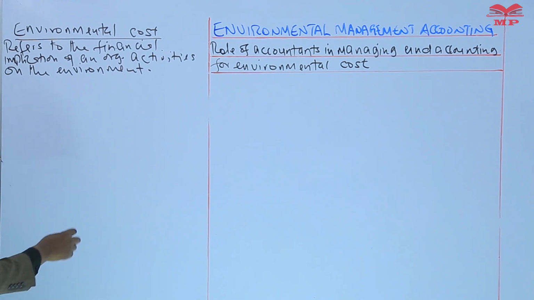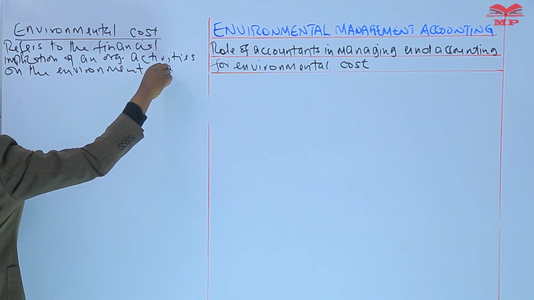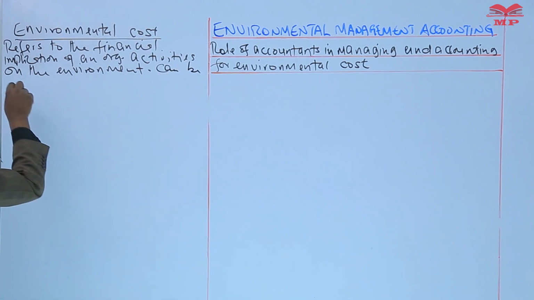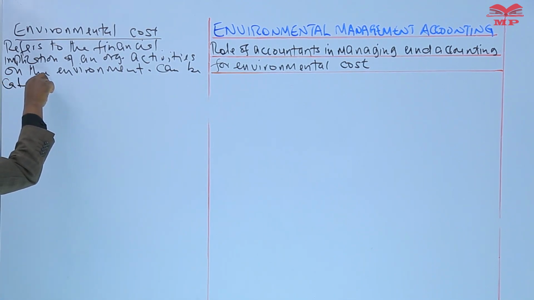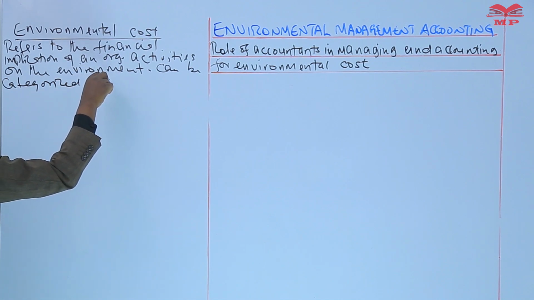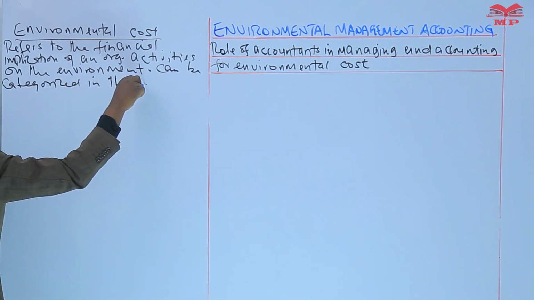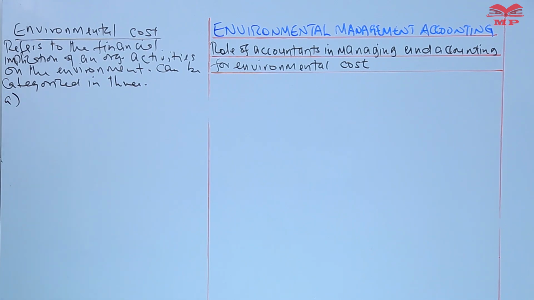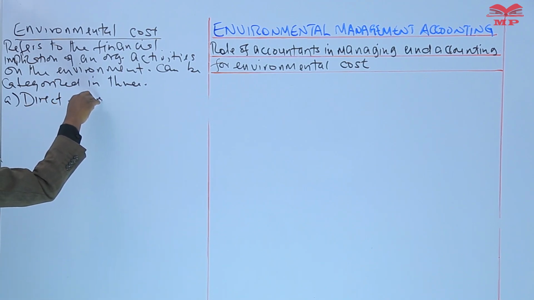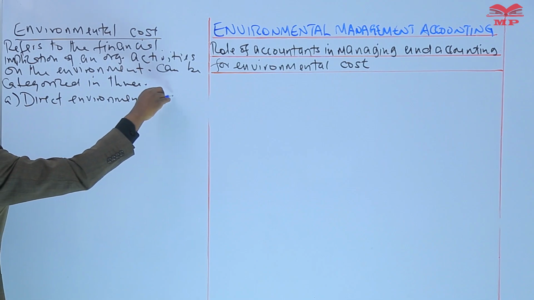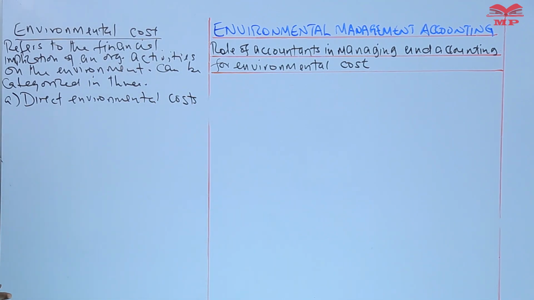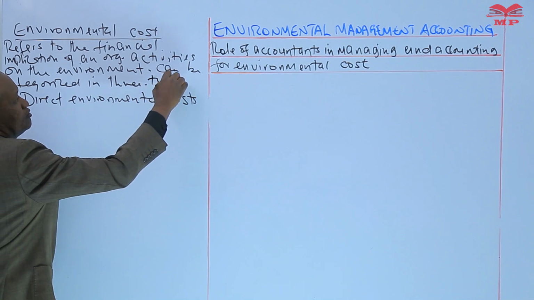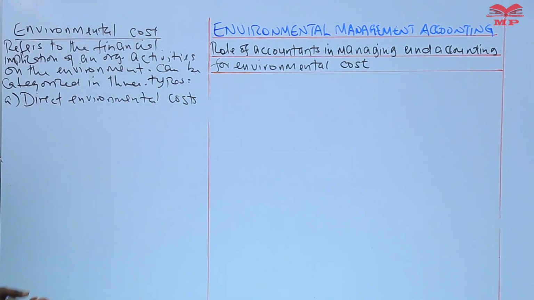And these costs can be categorized into three types. The first type is direct environmental costs.